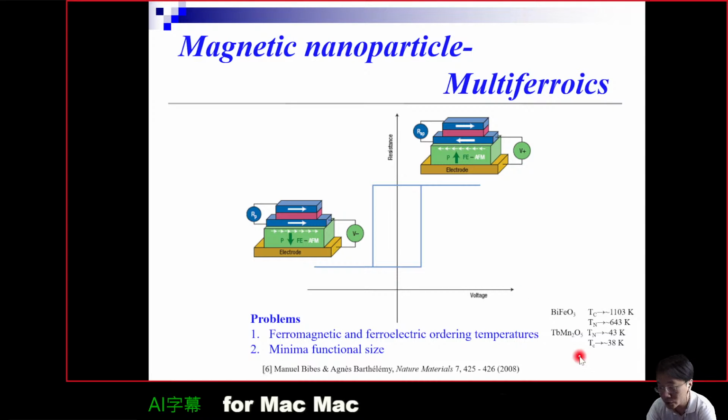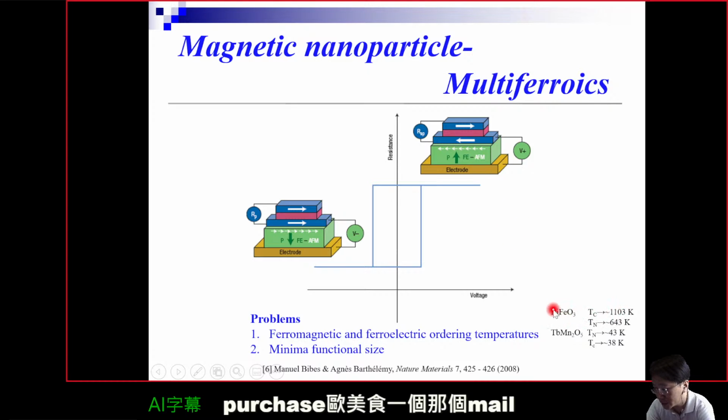Its particle size will correlate to its ordering temperature. So you may think that maybe we can make a very tiny BFO and reduce its ordering temperature, then we can also make a very good unit.